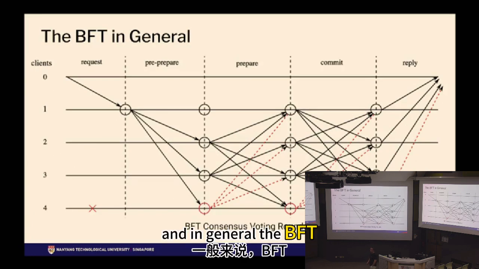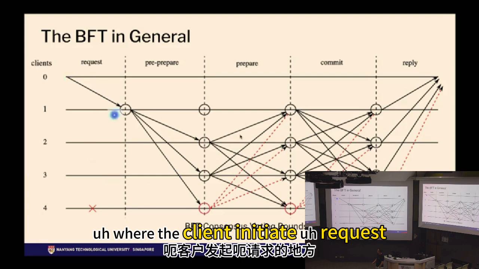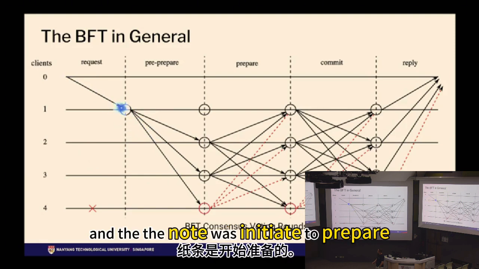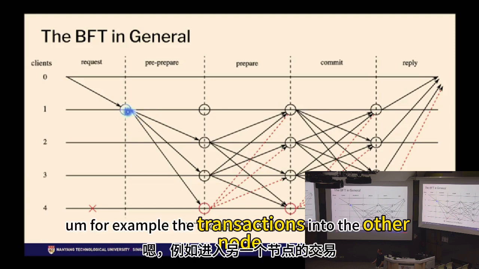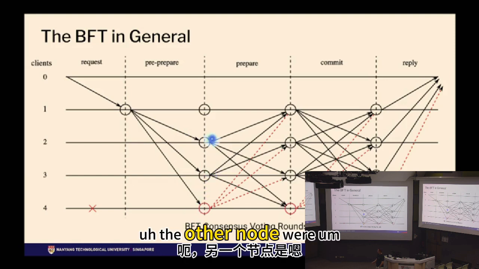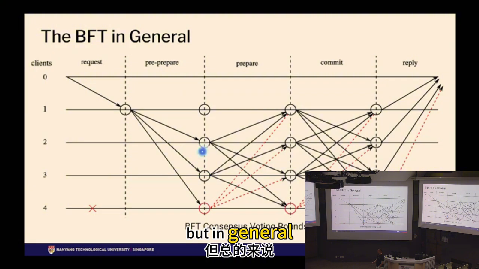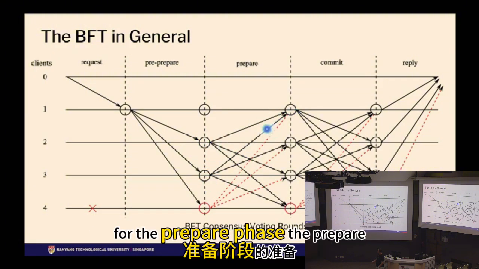And in general, the BFT is categorized into multiple phases where the client initiates a request, and the node initiates to prepare, sending for example the transactions to the other nodes. The other nodes will decide whether they will have finality or not, but in general, they need to go through a prepare phase.